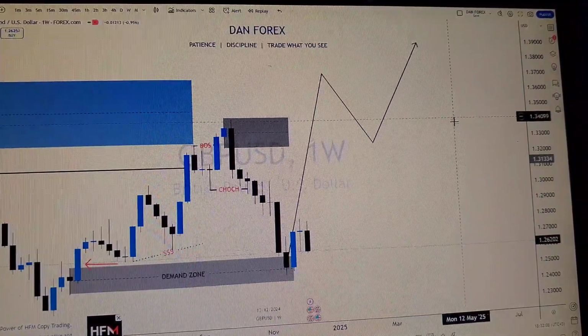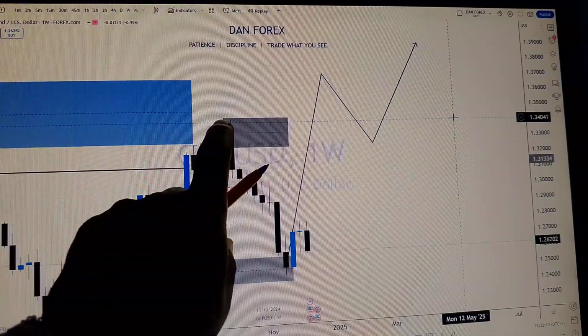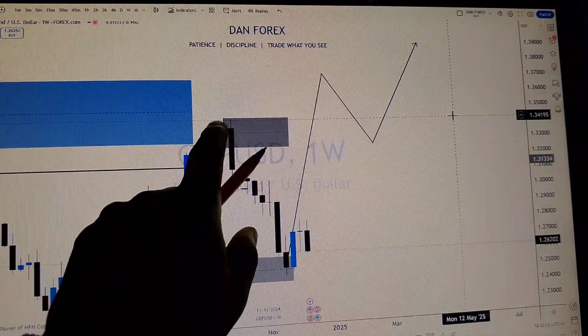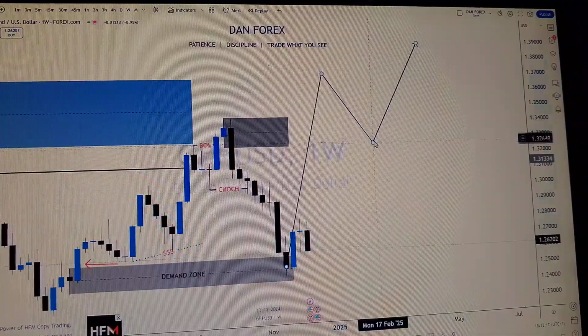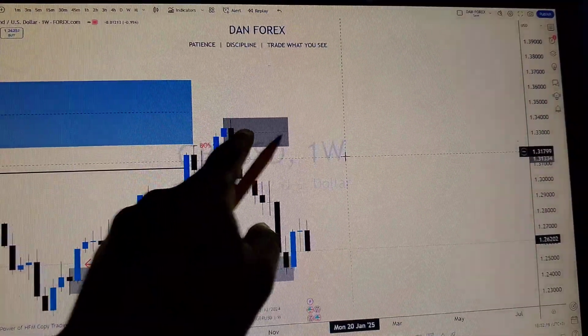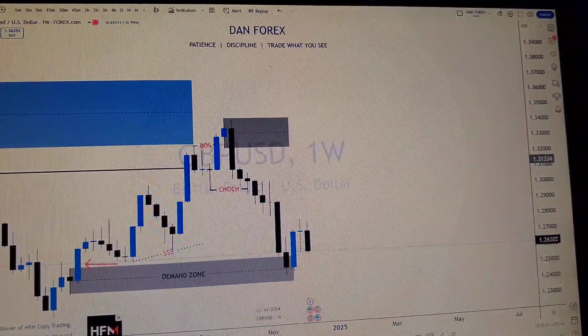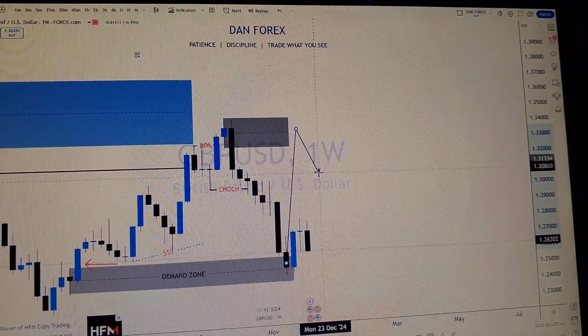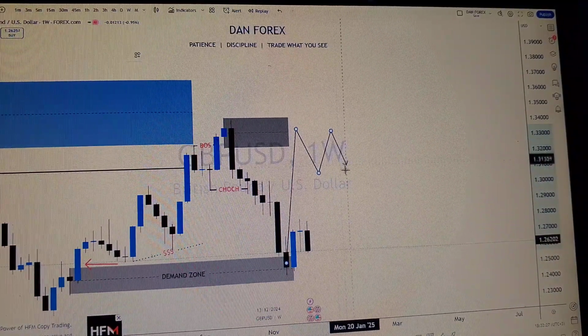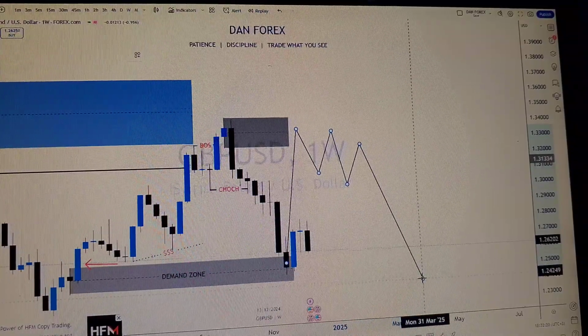If this point over here is going to be broken, we're not going to get another break of structure. But if this supply zone is going to be respected, we need to see something like this. Market taps that supply zone, giving us something like this and this, and then we drop.